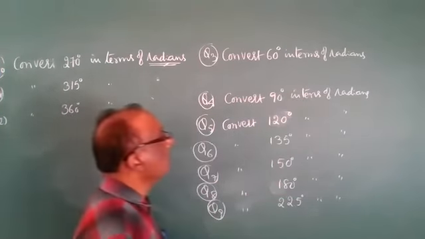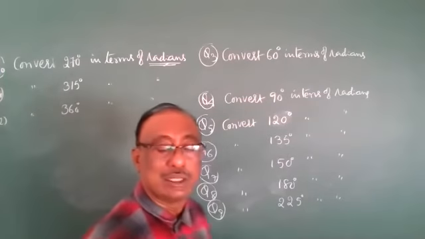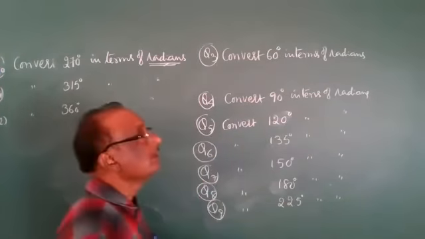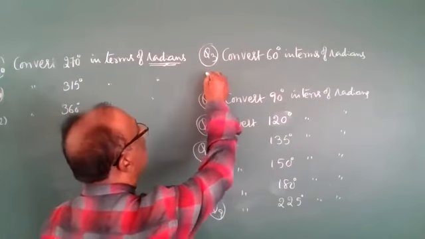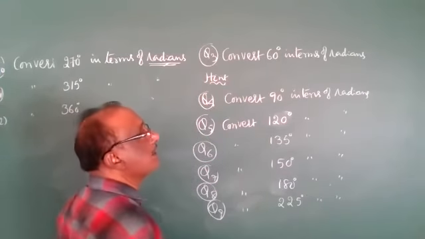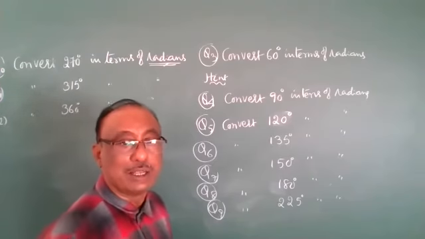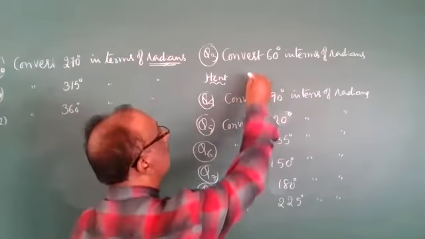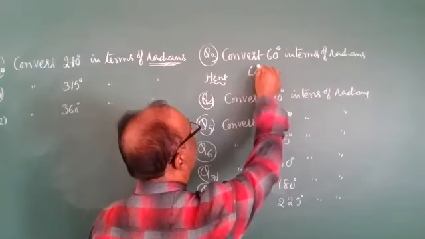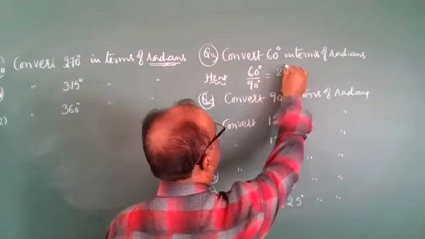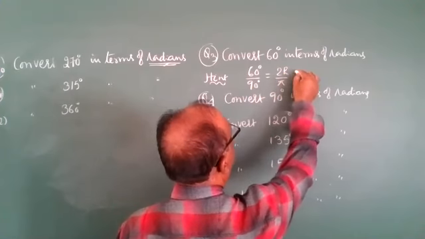Right, very good. For 60 degrees, the answer is not 3 pi, it is pi by 3. So 60 by 90 is equal to 2r by pi.